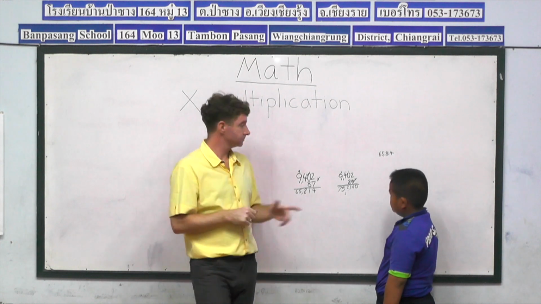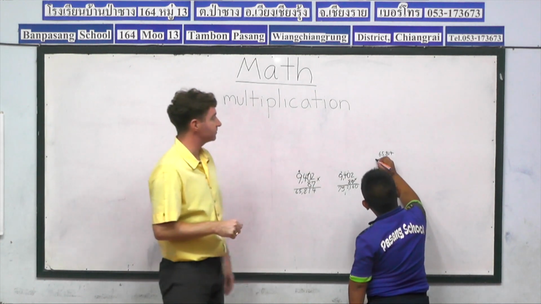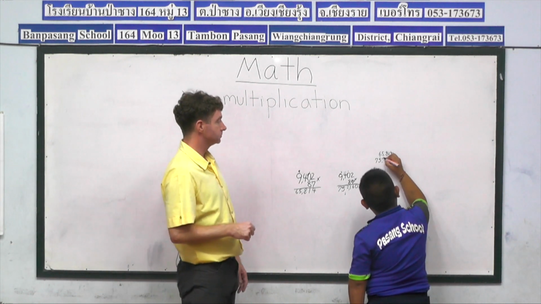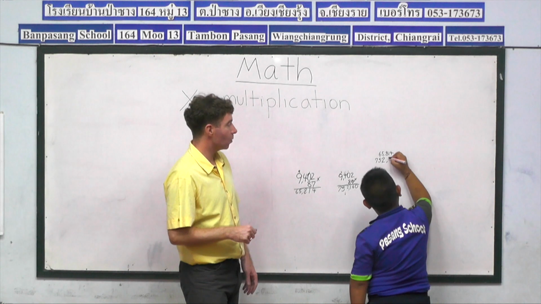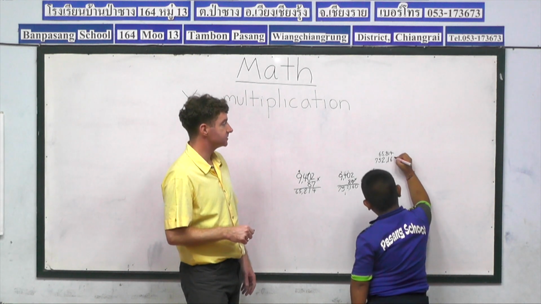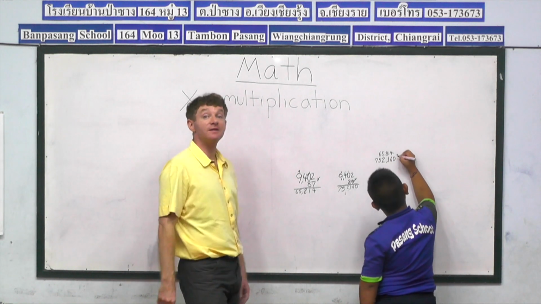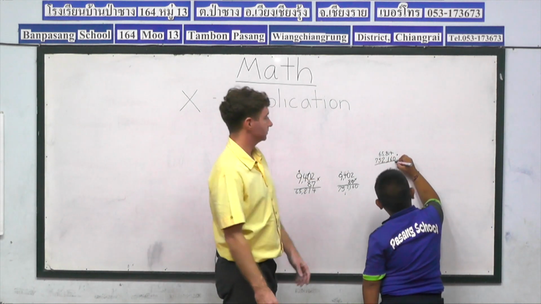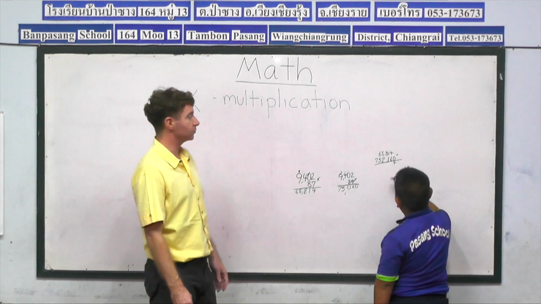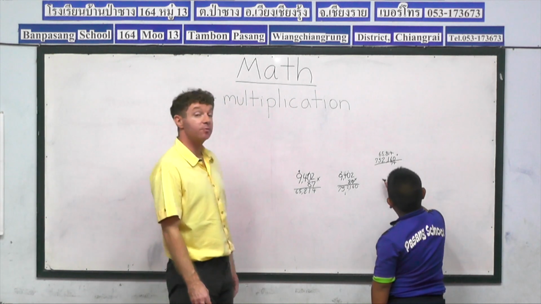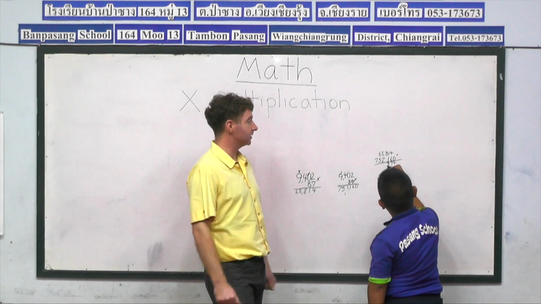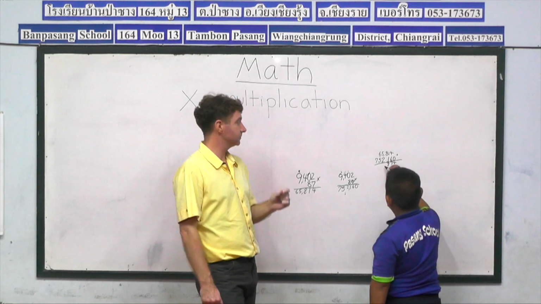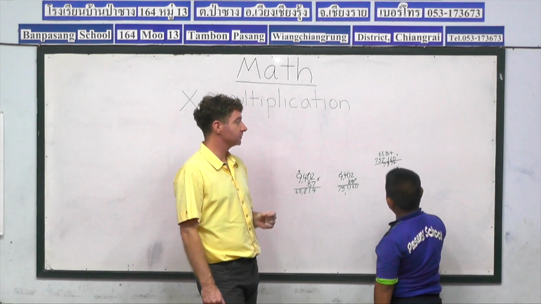752,160. So Ned, let's write, remembering place value, 7, 5, 2, comma, 1, 6, 0. And now we add these two answers together. So 0 plus 4. 6 plus 1. 8 plus 1 equals 9. 5 plus 2, 7. 6 plus 5, 11.